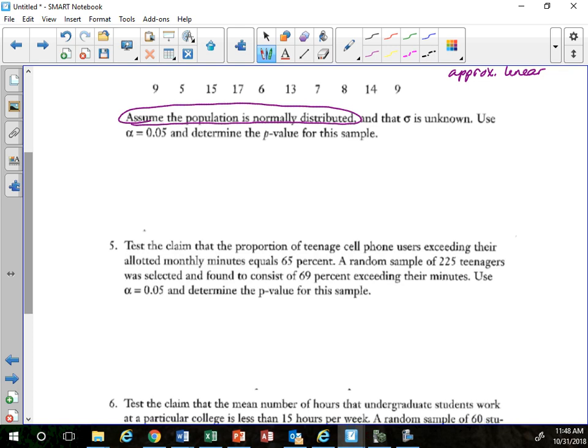No, looks like we're using a T plot. All right, so guys, we could have just said the population is normally distributed. That would also work. Okay, both are fine.